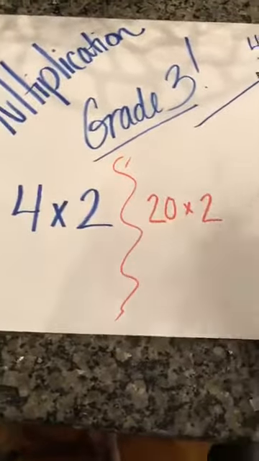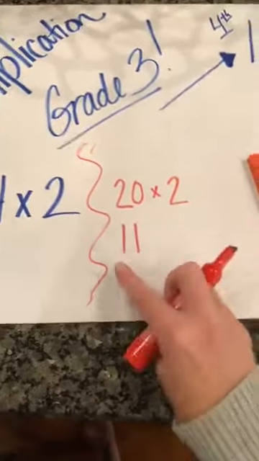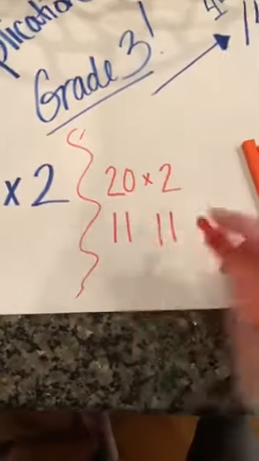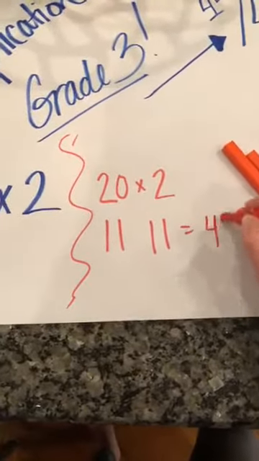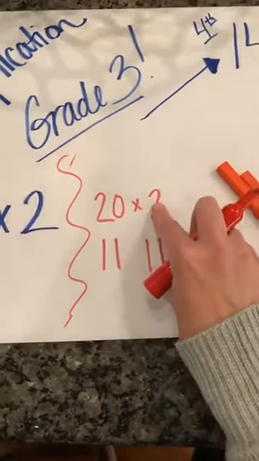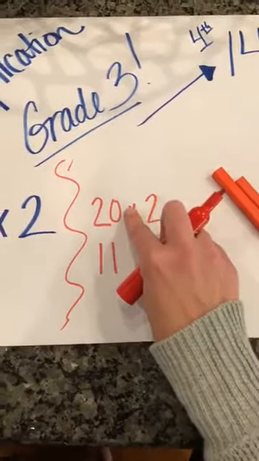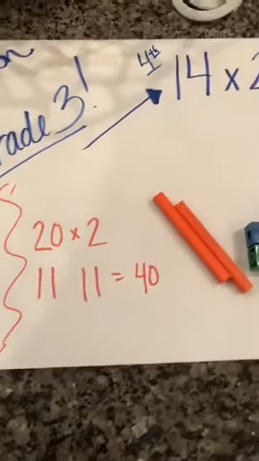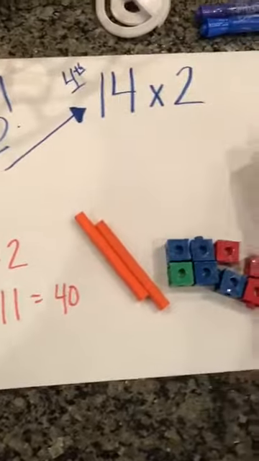A lot of the time, students will just draw a 20, a 10, and a 10, and they'll draw it 2 times, which will then result in 40. But remember, 20 groups of 2 looks a lot different than 2 groups of 20.